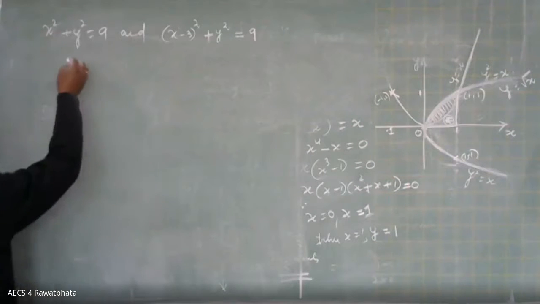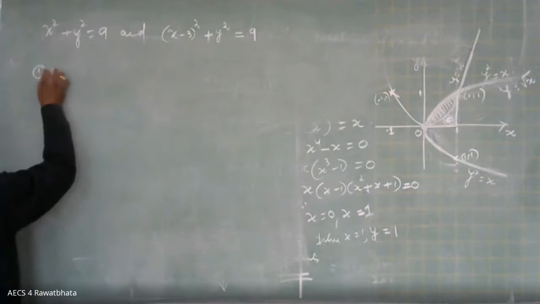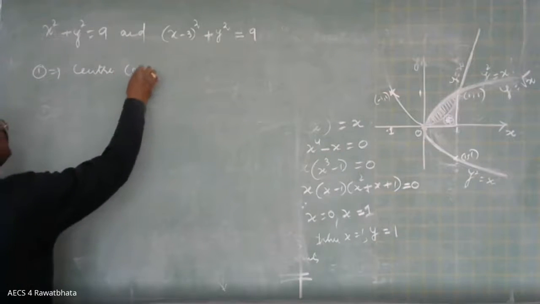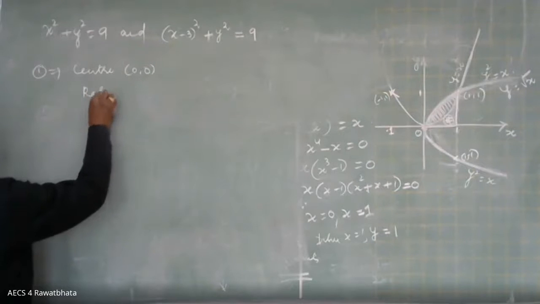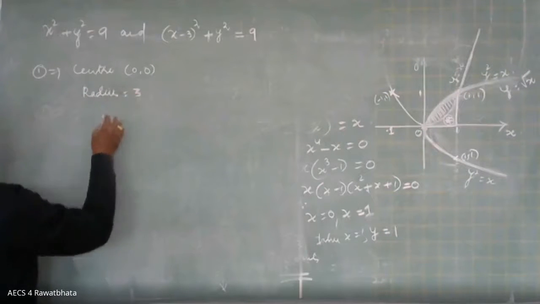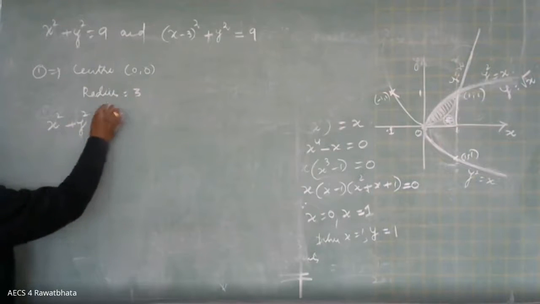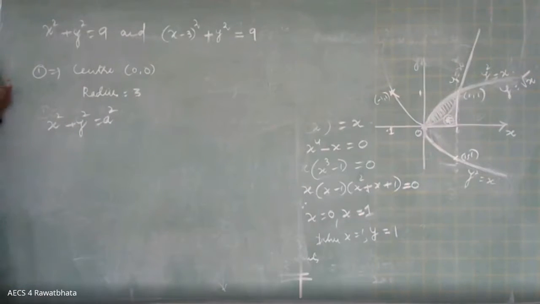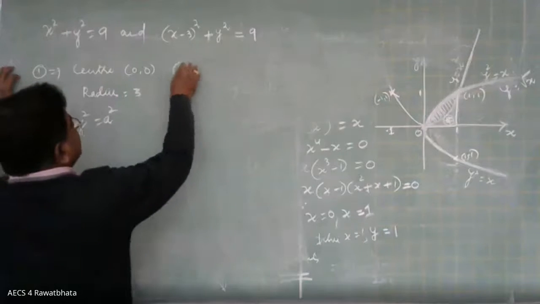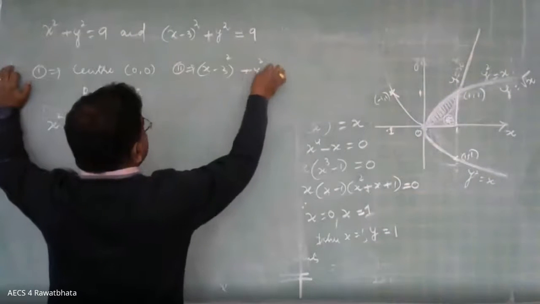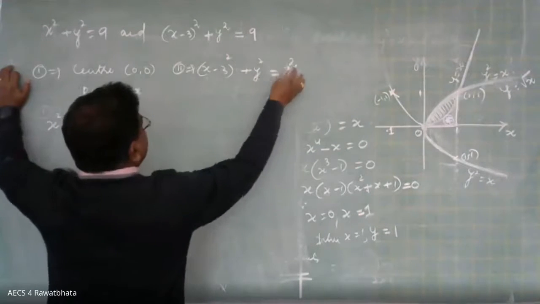Here, the first one is a circle with center 0, 0 and radius 3 units, correct? We studied already, x squared plus y squared is equal to a squared means center is the origin and radius is a. And the second one, x minus 3 the whole square plus y squared is 3 squared.